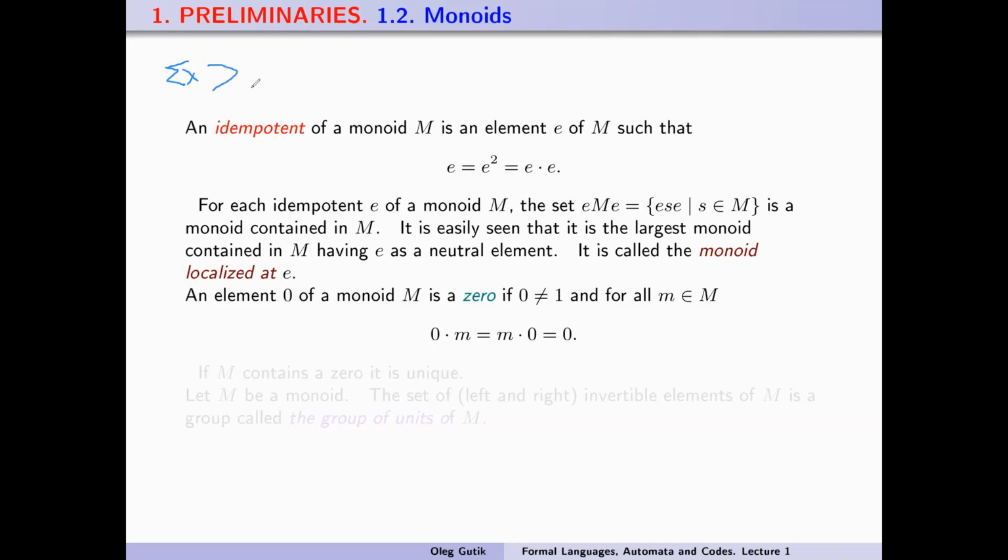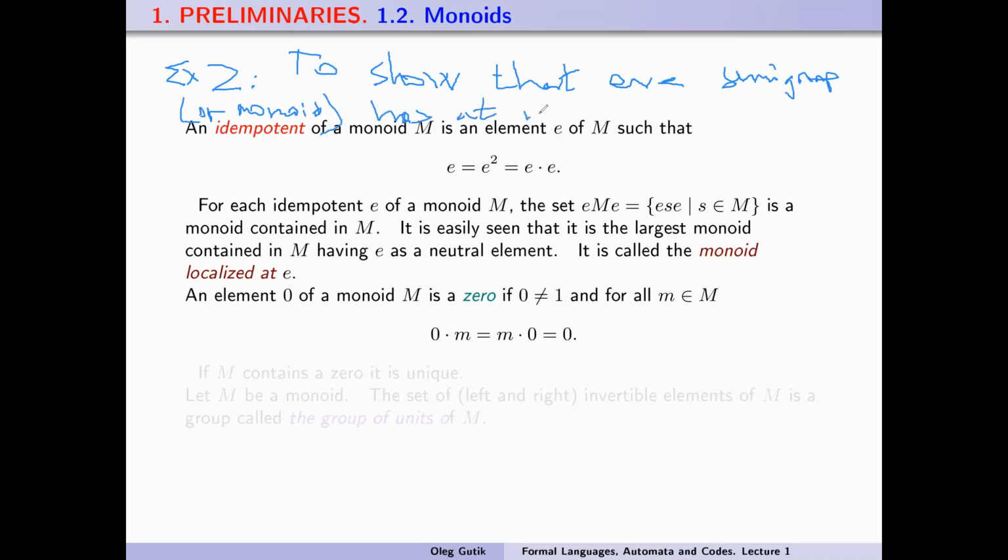And I propose the following exercise. Exercise 2: show that every semigroup has at most one zero.